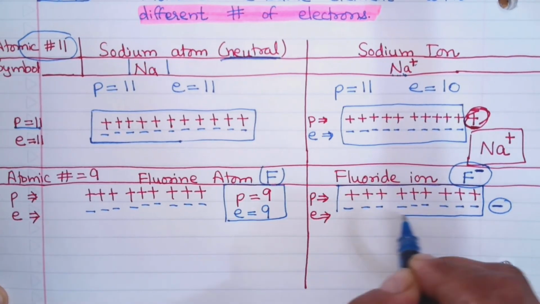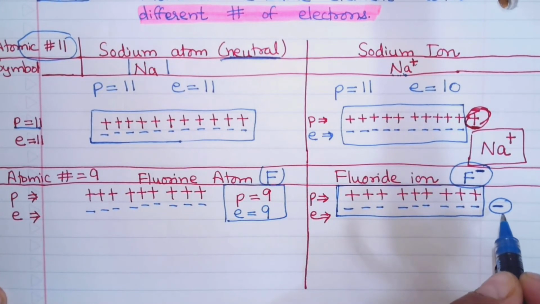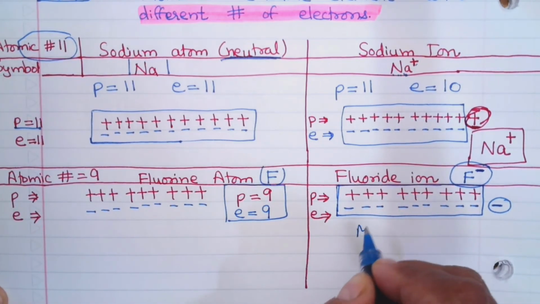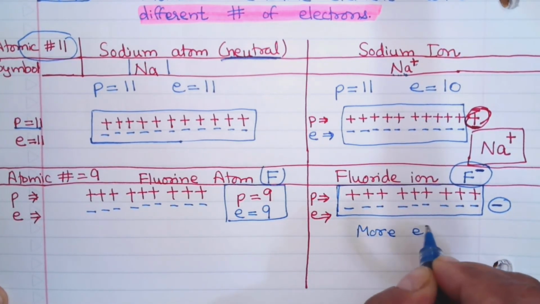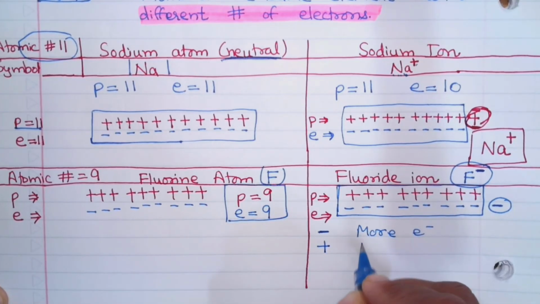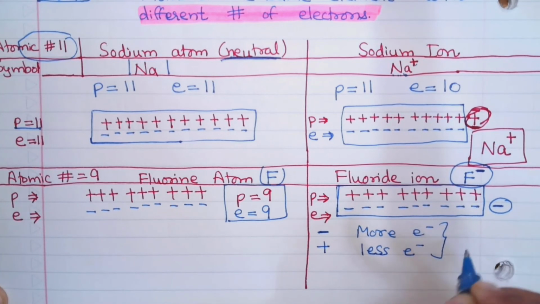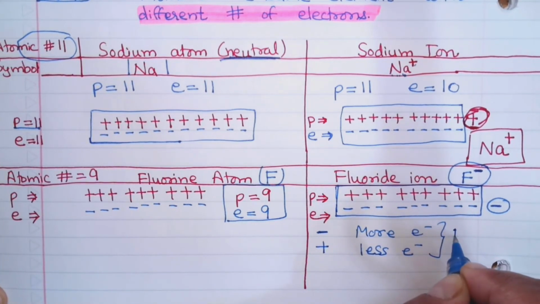So whenever you have a negative ion, there should be more electrons, when there is a negative charge on the neutral atom. When there is a positive charge, it means there are fewer electrons compared to the number of protons.